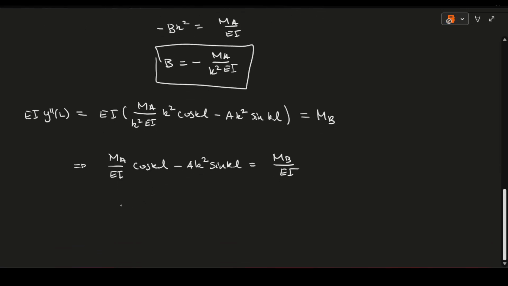We can solve this for A. So we get A is equal to 1 over K squared EI sine KL times MA cosine KL minus MB.